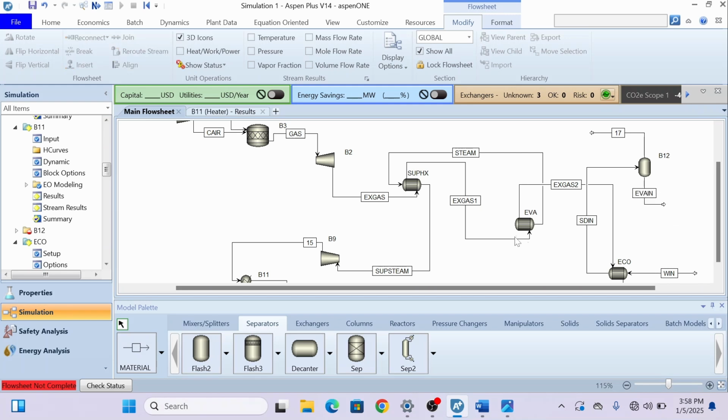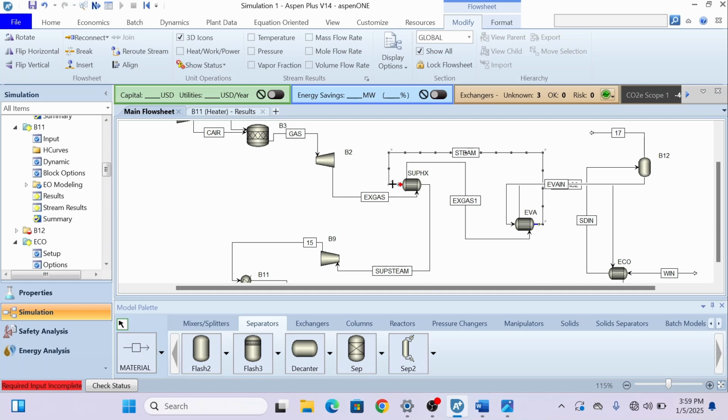Now I will double click on it, and this will be my cold required, and I will reconnect it over here. After that, this evaporator out is again going into our steam drum.